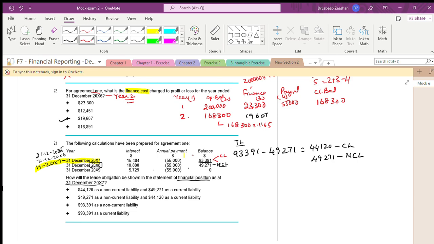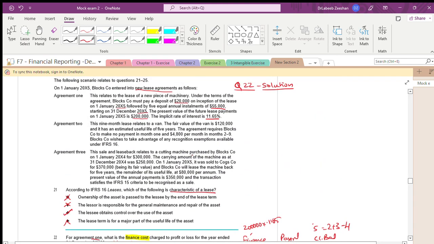That is the reason we deduct from 93,391 whatever the next year amount is. Basically, how many years are there? 3 years. Is it right? I think we are paying at the beginning of the month.